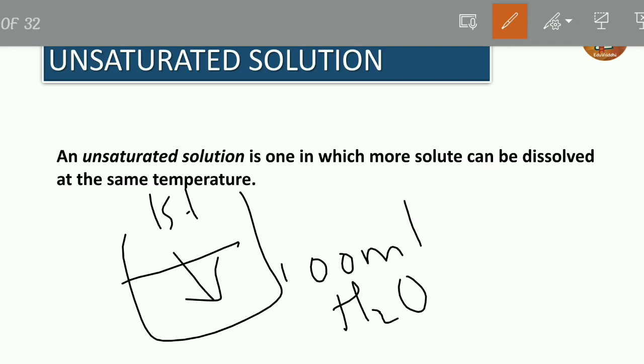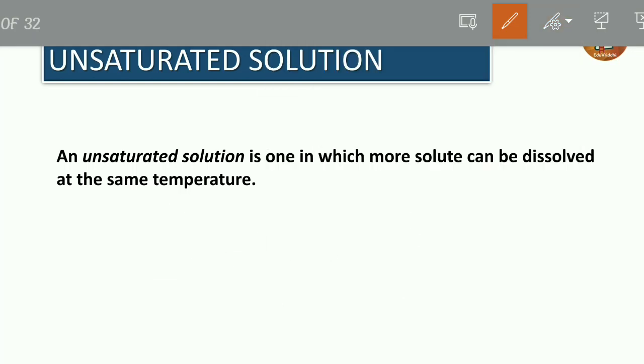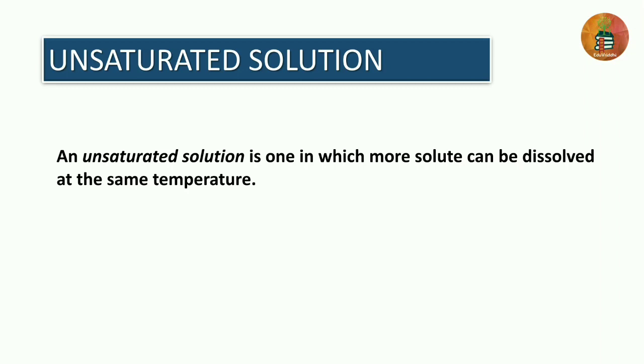So when I add 1 spoon of salt into this 100 ml of water, now I get an unsaturated solution because further there is the possibility of adding a second spoon of salt and that is getting dissolved in that amount of solvent. So that's called an unsaturated solution, a solution in which more solute can still be dissolved in that solvent at a particular temperature.